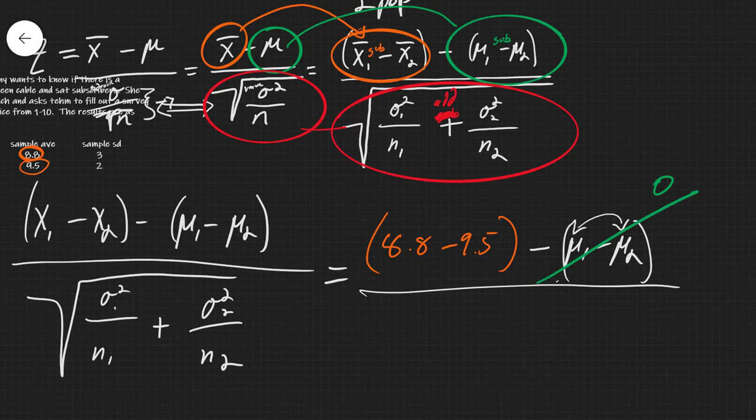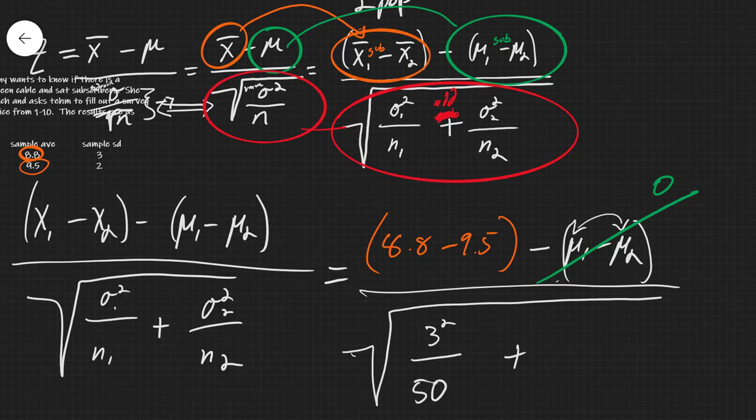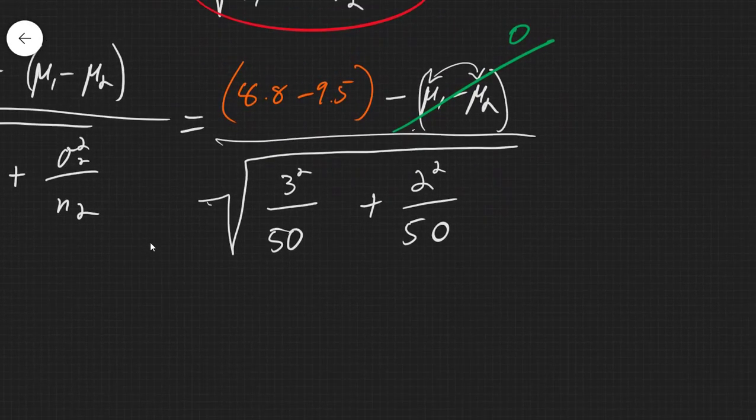And in the bottom, we're going to do, oh, I don't know why I did this in red. I don't want to do that in red. It's just scary if I do it in red. Sigma squared is going to be 3 squared over 50 because there's 50 observations. And now we have 2 squared over 50 because there's 50 observations there, right? If you calculate this out, you're going to take the difference here, and then this turns into a 9.